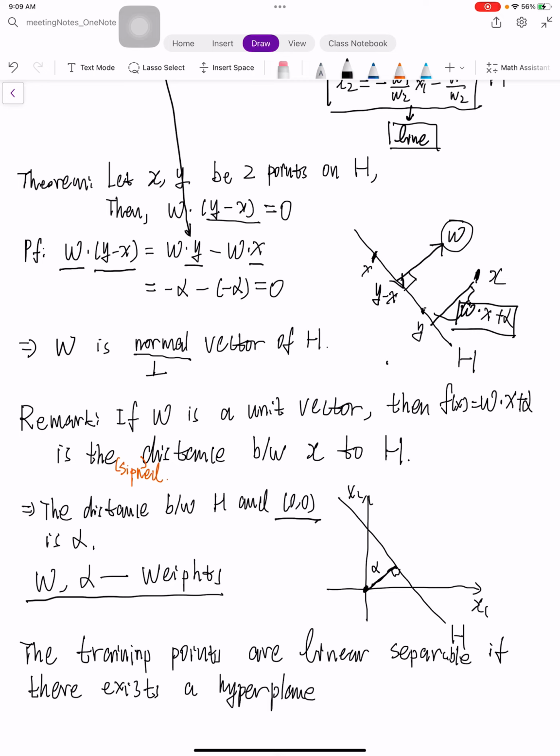If your feature dimension is more than 3, you have a hyperplane, but if each feature has 1 or 2 dimensions, it's just a line. There exists a line that correctly classifies all the training points. Okay, in the next video, I'll give you one simple example of the linear classifier.